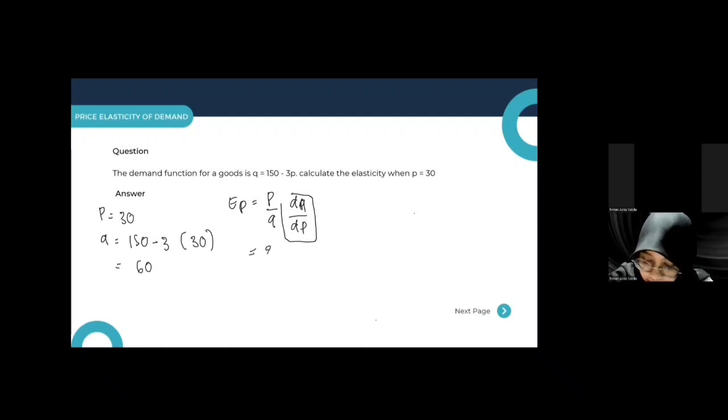P is 30 times the first derivative, minus 3. The result is minus 1.5.